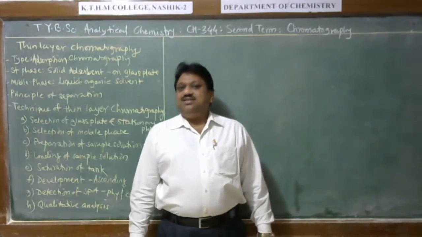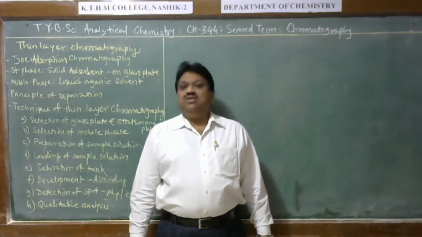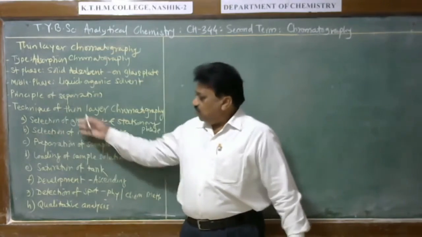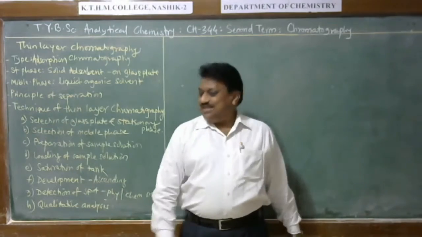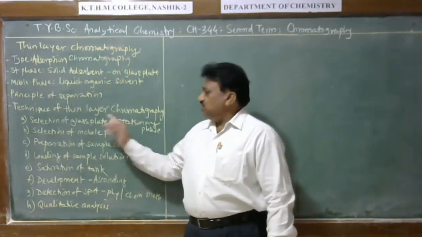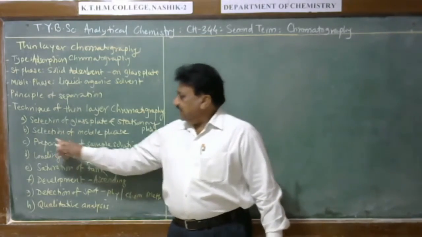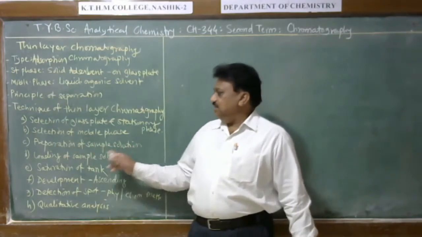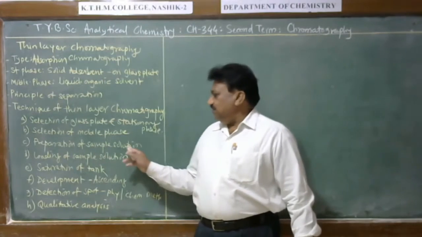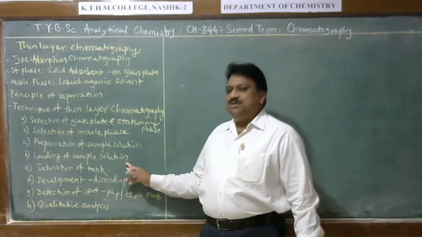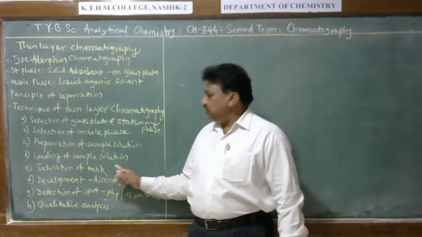Students, now we discuss how this thin layer chromatography is performed. Thin layer chromatography is performed using the following steps. Number one is selection of glass plate and stationary phase. Second, selection of mobile phase. Third is preparation of sample solution. Next is loading or application of sample solution.